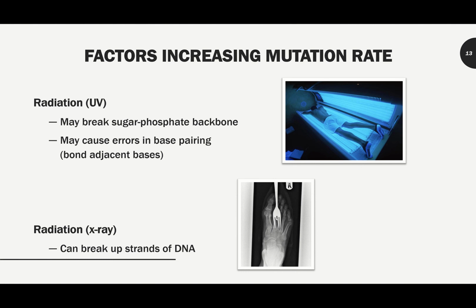Factors increasing mutation rate. There's radiation, could be UV rays, could be any other ray, X-ray, gamma rays that will kill you. And UV rays may break the sugar phosphate backbone, and they may cause errors in base pairing. And this is how you mess up your DNA. So one of the stupid things that people do is use tanning beds.